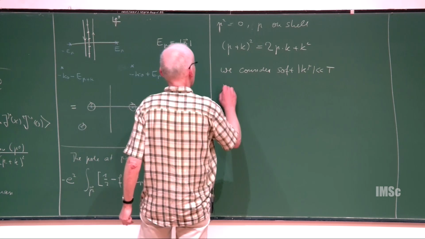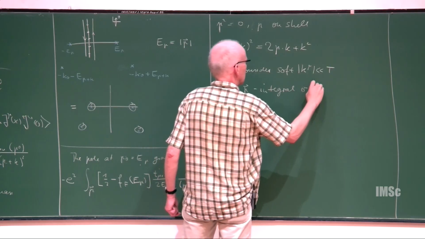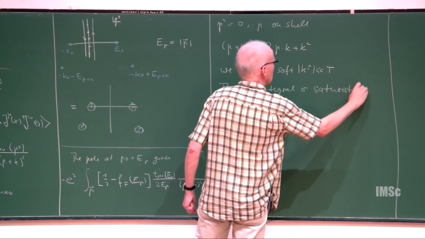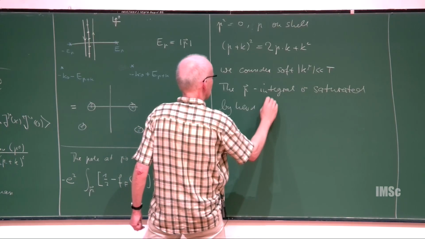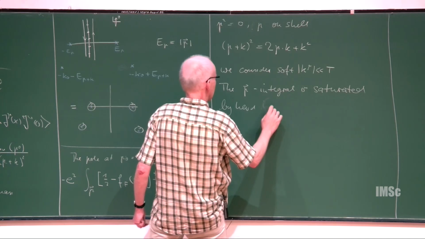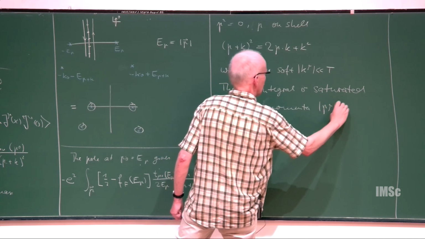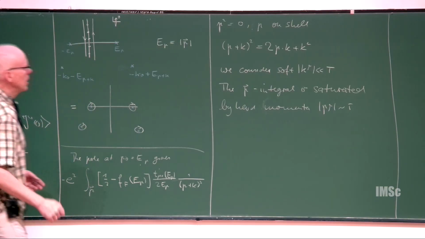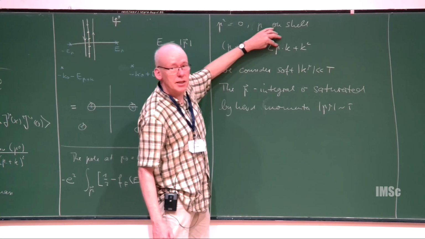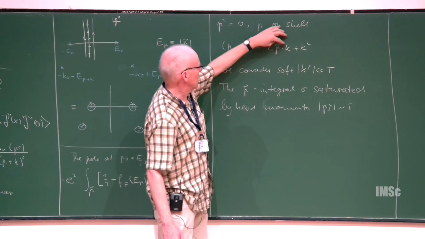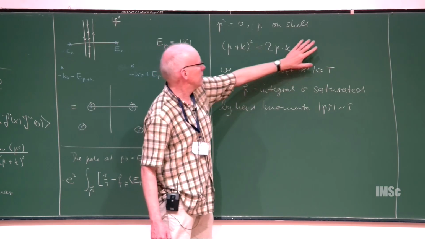So the p integral is over hard momenta, which means that p is of order T. If you look at this expression, the first term is hard times soft, so it has one power of a soft momentum, whereas the other is soft squared. So we can neglect the second term.